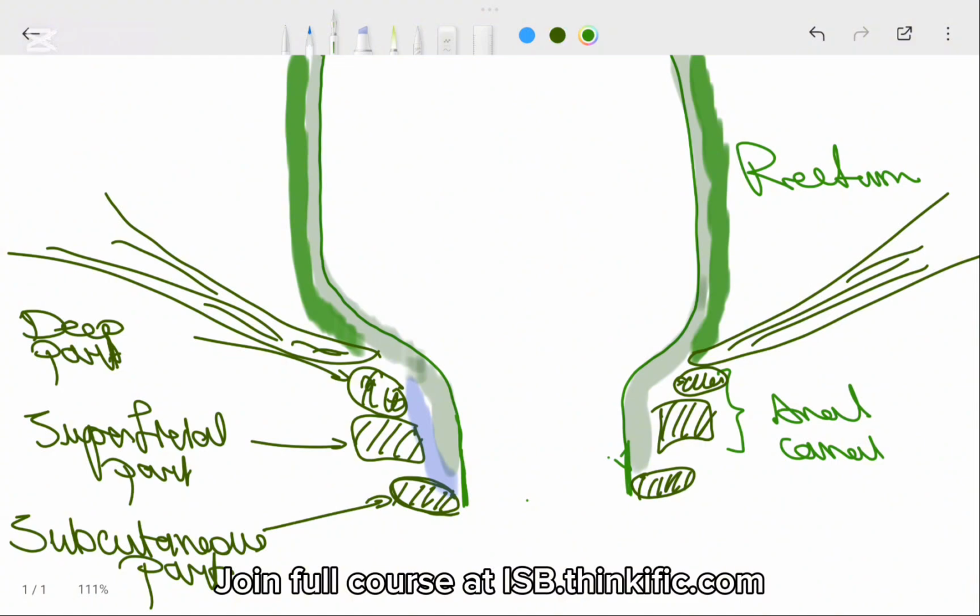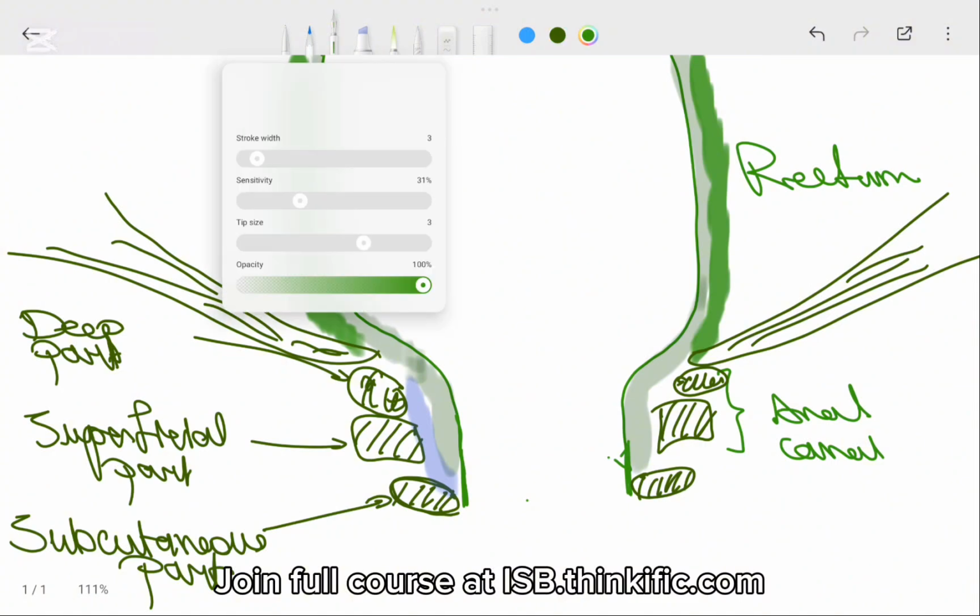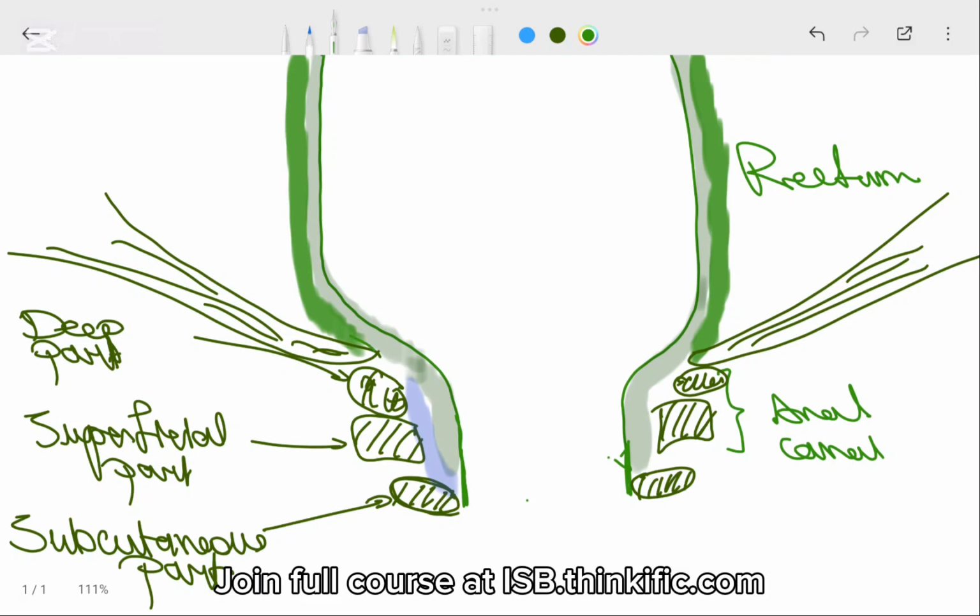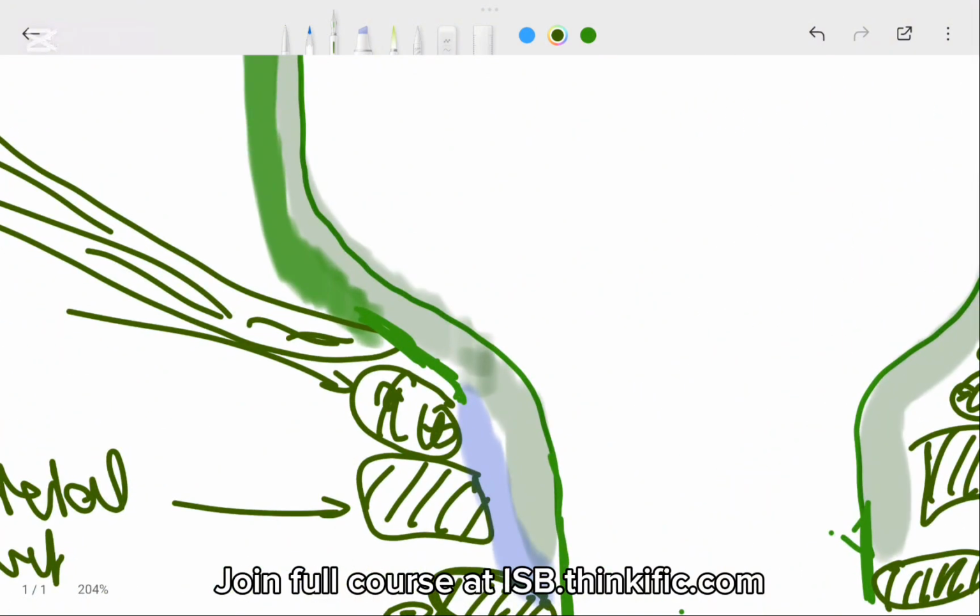Now the outer longitudinal muscle coat, when it descends, enters the intersphincteric plane, and with it, it takes some fibers from the levator ani, and it forms a conjoint structure called conjoint longitudinal muscle.